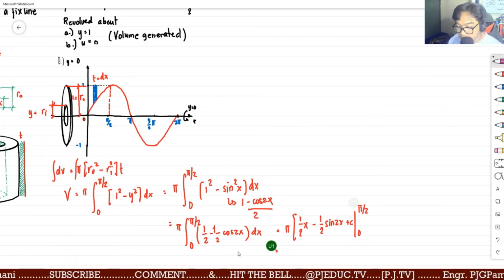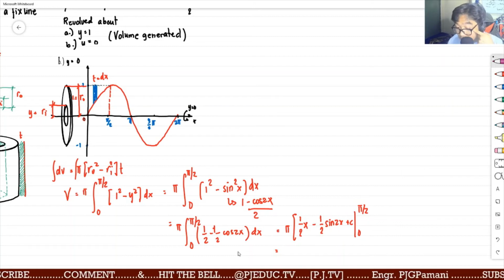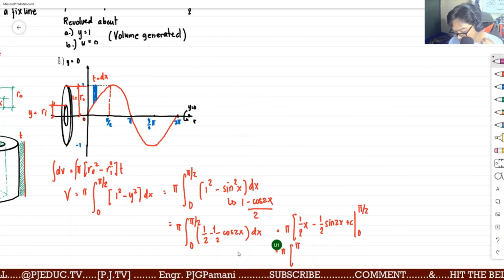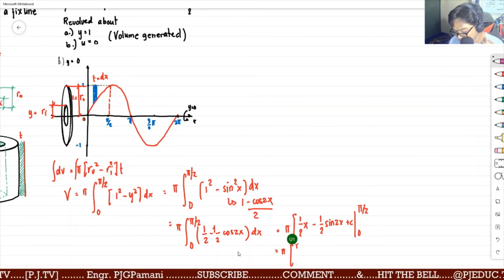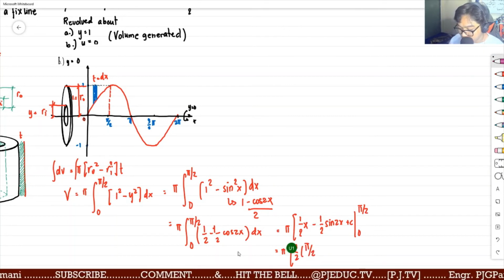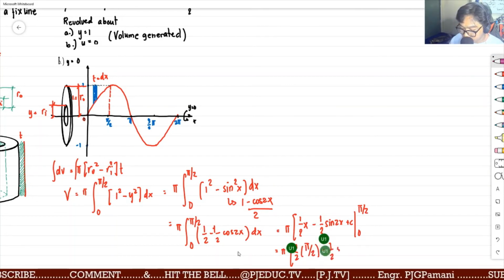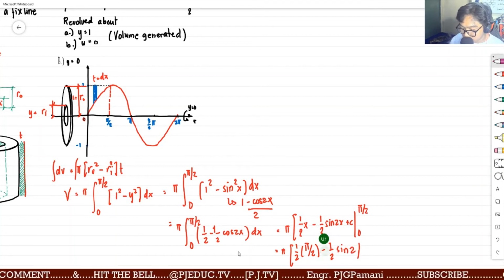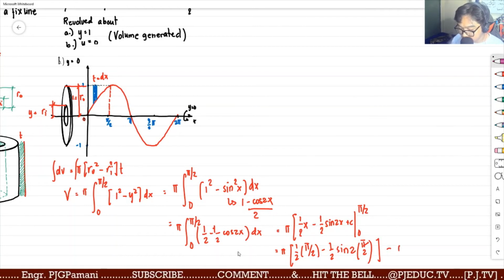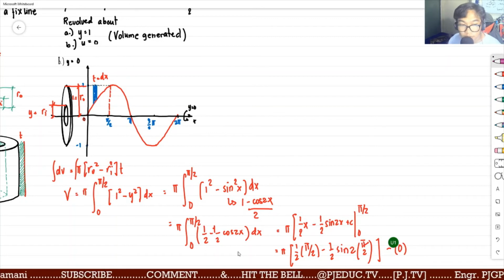Substitute lang si upper and lower limit. 0 naman na lahat yun. So, pi, 1/2 of pi over 2 minus 1/2 of sine 2 times pi over 2 minus 1/2 of 0, 0 minus sine of 0 again is simply 0. So, 0 na yan. Okay?